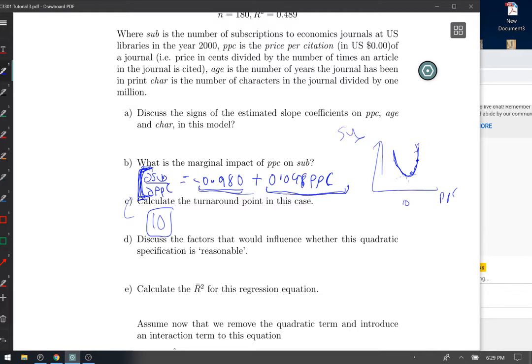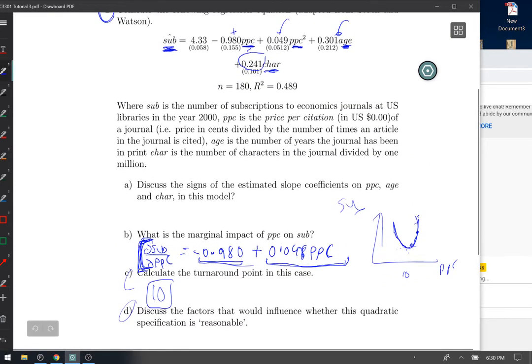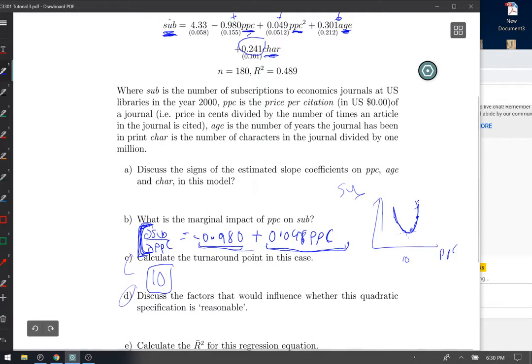So the next part, D, is to discuss the factors which would influence whether this quadratic specification is reasonable. Well, reasonable is a bit broad. Does it make sense? If there wasn't any endogeneity here, if the model was well specified, we would expect an overall negative effect of price per citation on subscriptions, because we know that with a higher price there'll be a demand effect.